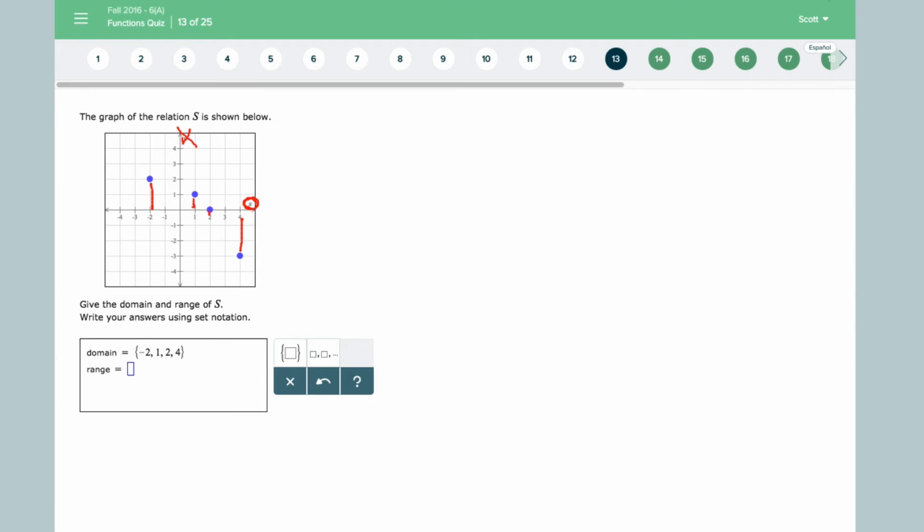Okay? Now if we do the same thing with the Y's, we see this one goes to 2, this one goes to 1, this one goes to 0, and this one goes to 3. Again, now we don't care about any of these numbers right here. Those numbers are useless to us. Okay?